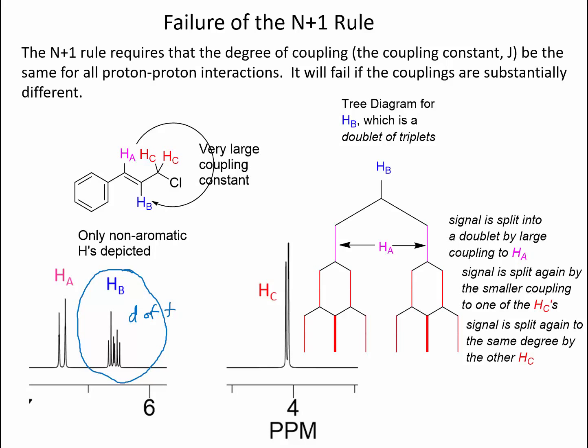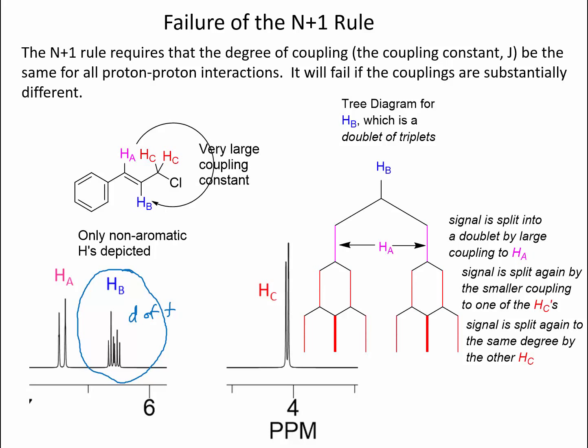Okay, so if you analyze the signal here, you'd have to do what we call a tree diagram. HB is split by a very wide margin by HA into these two magenta lines here. And each of the magenta lines is split to a smaller degree by each of the HCs. The first one splits it into a doublet, and then the second one splits it into a triplet.